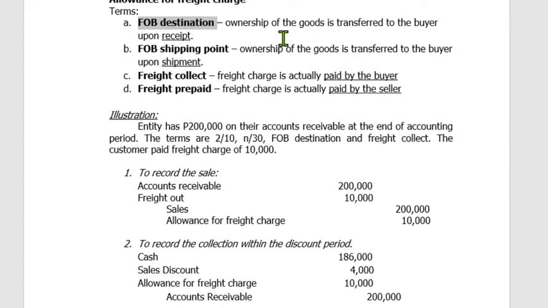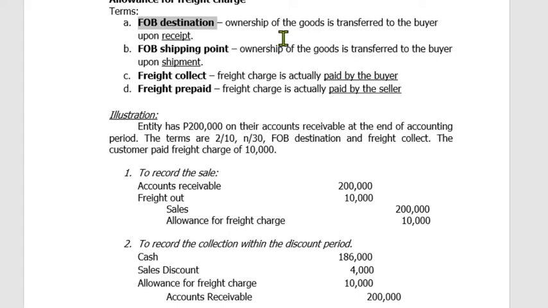So, pansinin mo muna yung accounts receivable at sales. Di ba kapag nagre-recognize ka ng sales, alam mo na you debit accounts receivable and then you credit sales 200,000. Ngayon, i-incorporate na natin yung freight charge na sinasabi kasi FOB destination and freight collect. So when the conditions indicate a transaction is a freight collect, ibig sabihin nito ay babayaran ni buyer ang shipping charges mo.